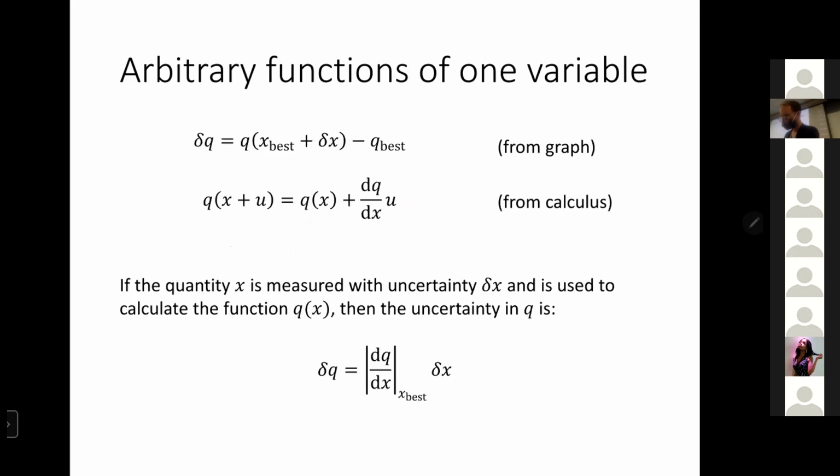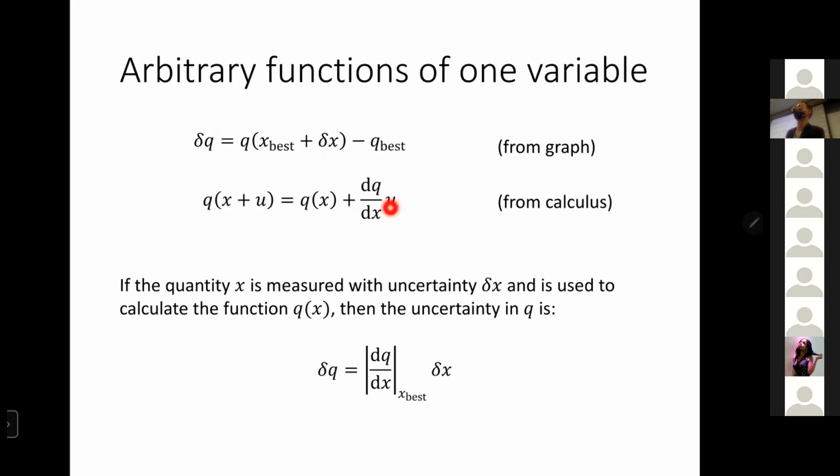And so in fact, what is going to be the uncertainty in Q then? Well, you could sort of estimate that by taking Q of X best plus delta X minus Q best. Or using calculus, you could say that Q of X plus U, where U is some small change in X, well, that's just equal to Q of X plus the derivative of Q with respect to X times this small interval, right?